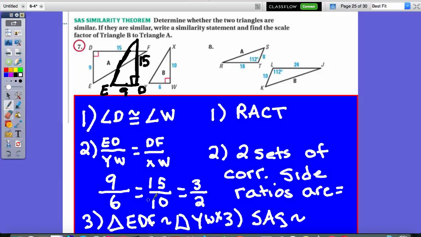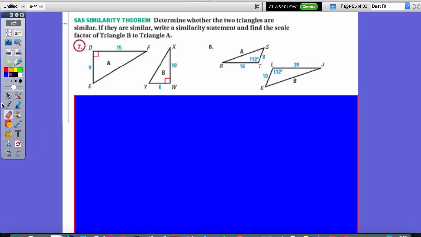If you put the letters in different orders, that's fine. They just have to correspond. D corresponds with W. E corresponds with Y. F corresponds with X.